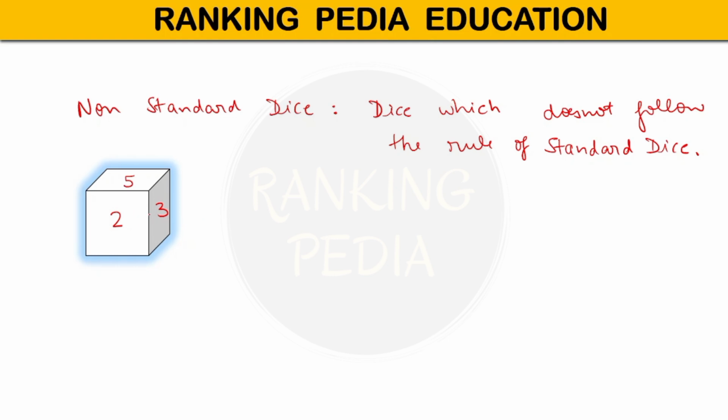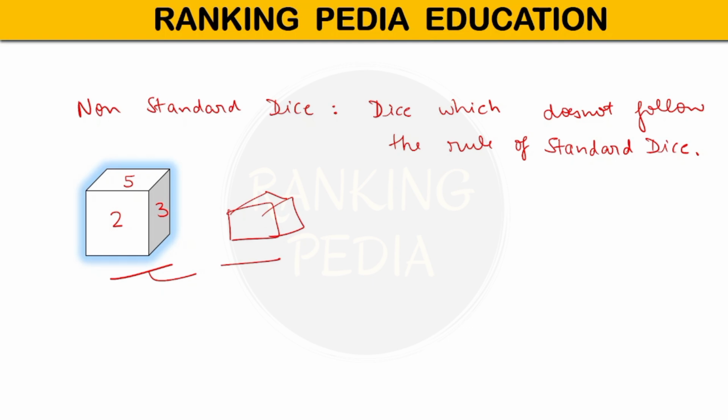In the non-standard dice case, we must have one more dice in order to compare with, and according to certain rules we have to find what will be the opposite of 2, or of 3, or of 5.